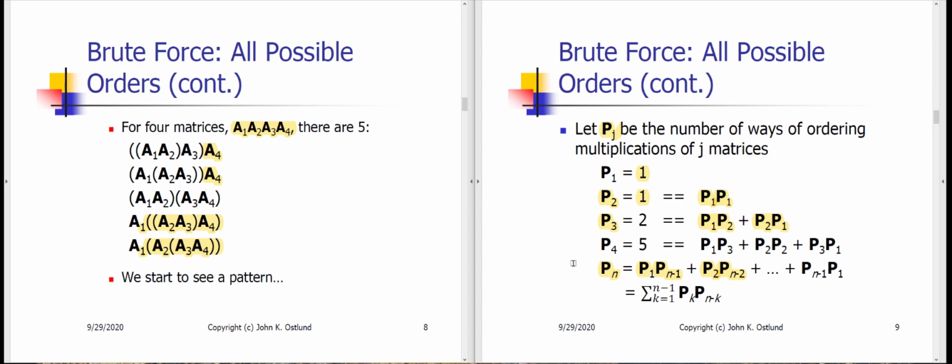Now, we've seen something a little bit like this before when we looked at Fibonacci numbers, right? If we say that Fibonacci number 1 is 0 and Fibonacci number 2 is 1, then all the subsequent Fibonacci numbers are the sum of the previous two Fibonacci numbers.